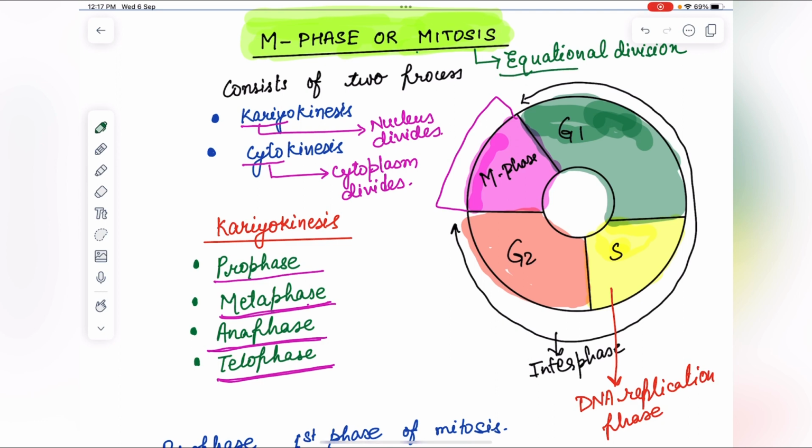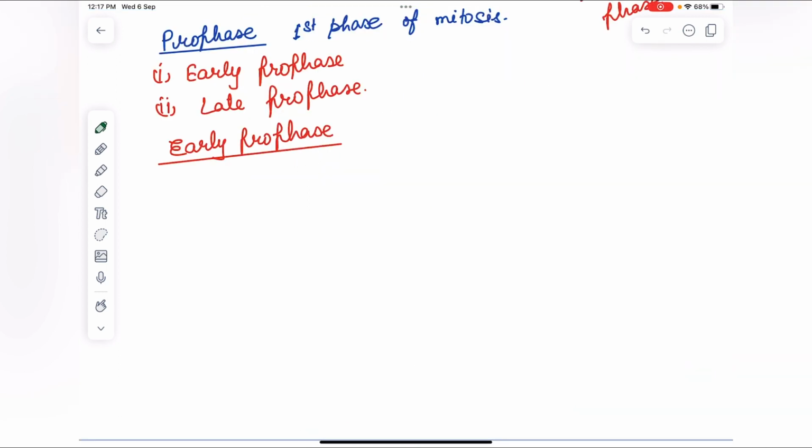Because the chromosomes divide, and an equal number of chromosomes will be present in both the daughter cells. So prophase is the first phase of mitosis, and it has two phases, early prophase and late prophase.